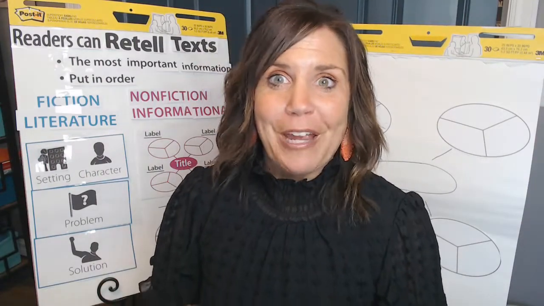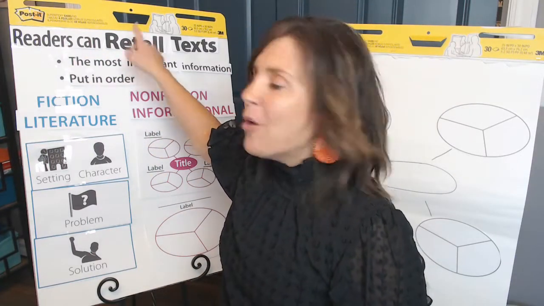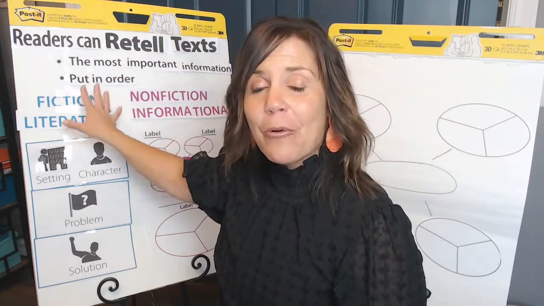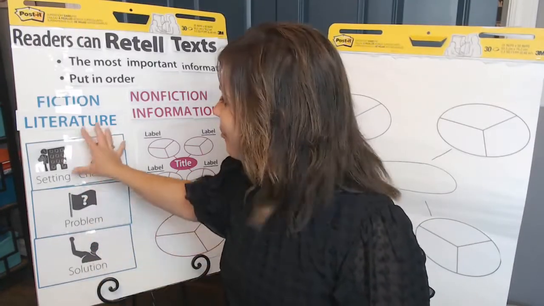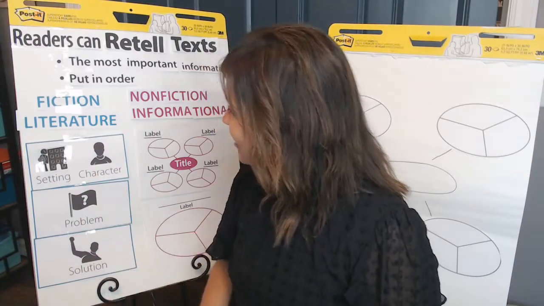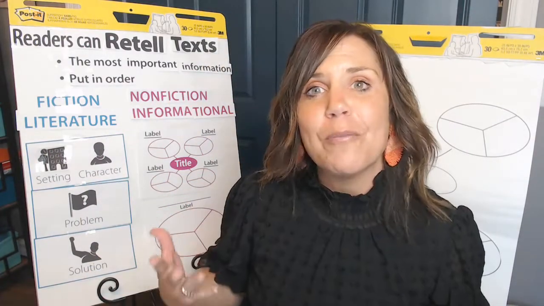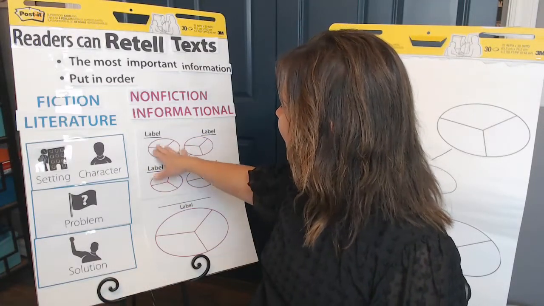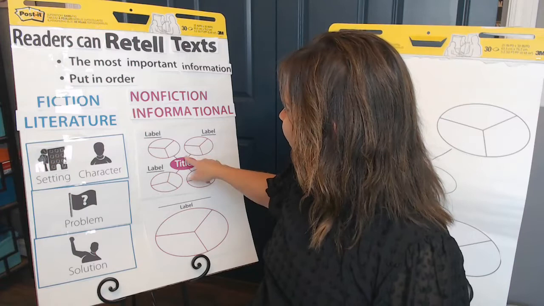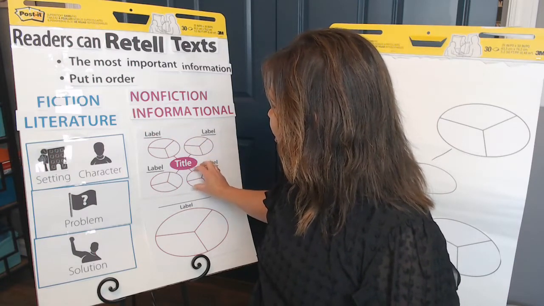We have been working really hard on how readers can retell. We've looked at fiction or literature and how to retell stories using the three box strategy. We've also started to look at nonfiction or information text and how to retell that using a dissected web, where the different sections of the book are each an oval.